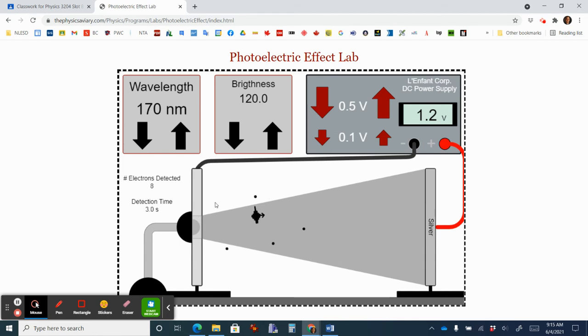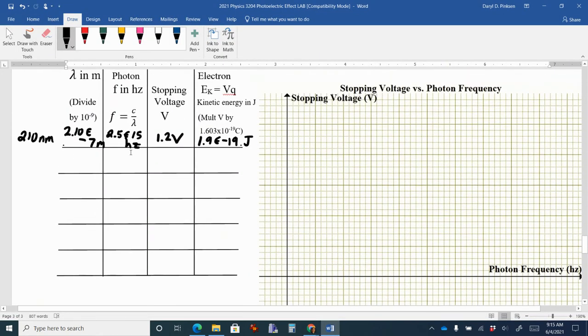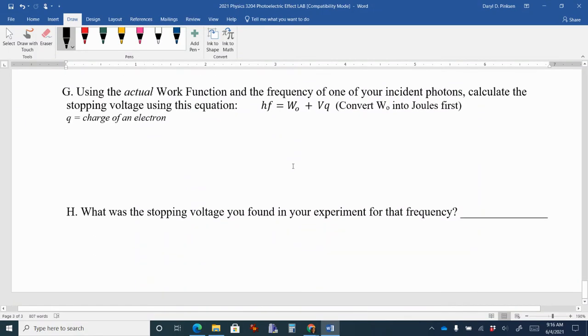And now we have a completely different kinetic energy coming off. So we're going to have to adjust the voltage again. What you're going to end up with are 5 different combinations of wavelength, frequency, stopping voltage, and kinetic energies, and then you'll be able to draw this graph and answer the questions on the lab.